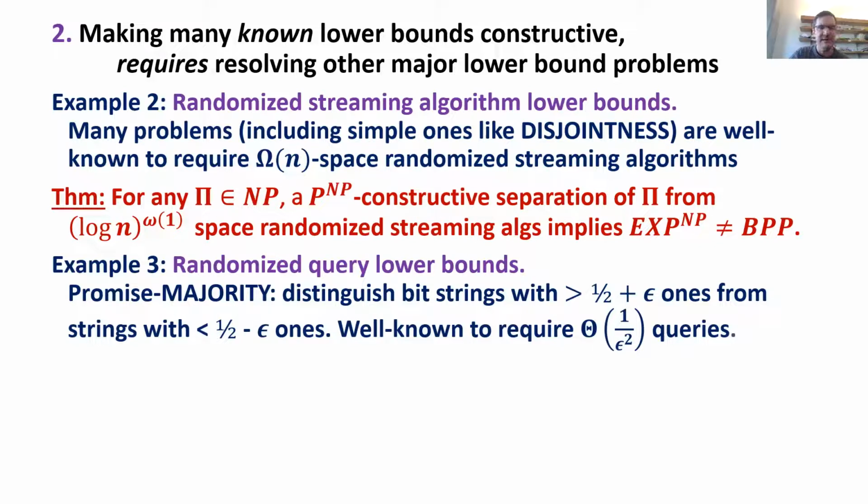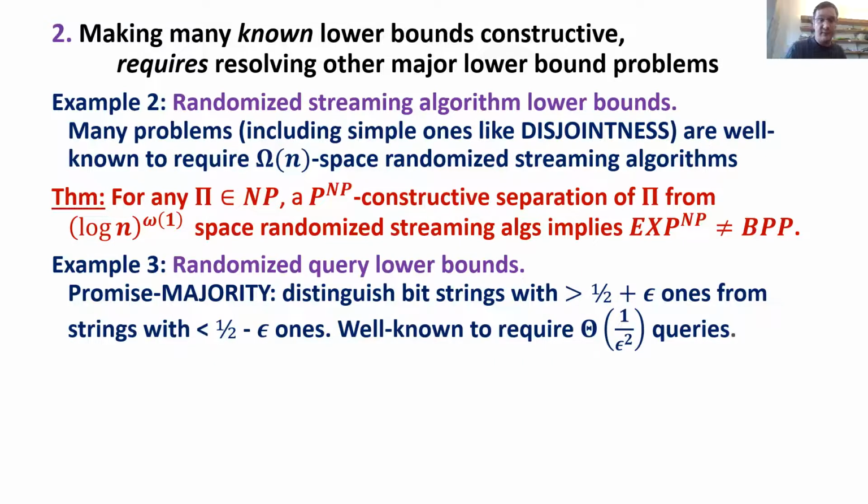This problem is well known to require theta of 1 over epsilon squared queries. So we show that if you could get a constructive separation for this against randomized query algorithms, then you get a major consequence. Promise majority actually has low circuit complexity.